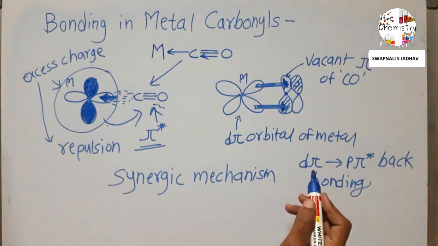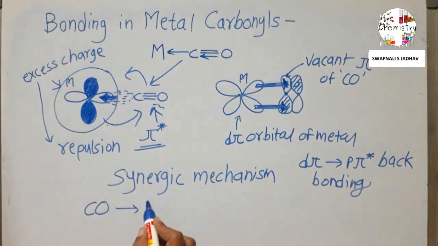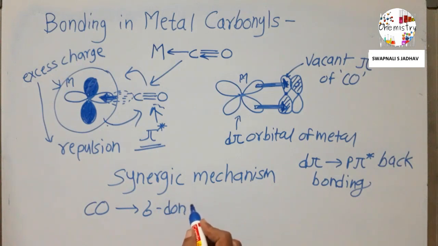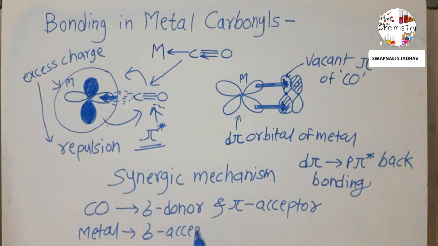Hence, in simple metal carbonyl compounds, carbonyl is said to be a sigma donor and pi acceptor, while the metal is known as a sigma acceptor and pi donor, and it forms stable carbonyls with transition metals.